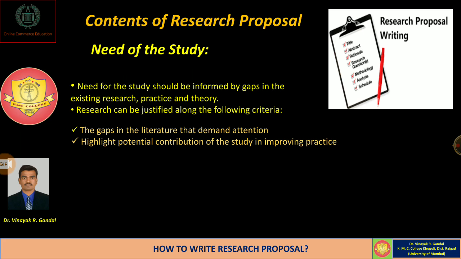It highlights the potential contribution of the study in improving practices, and justifies how the study can improve policy and decision making. So, dear students, keep it in your mind while writing need of the study or importance of the study, you should consider a specific literature review in that study area. Okay.